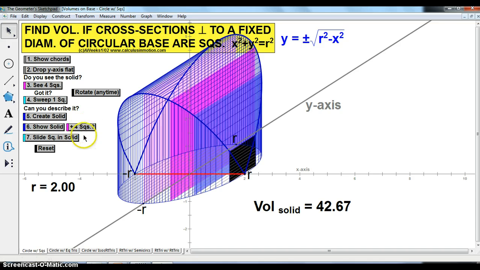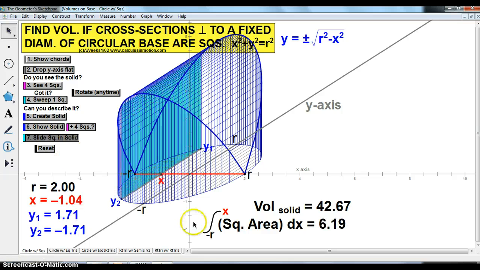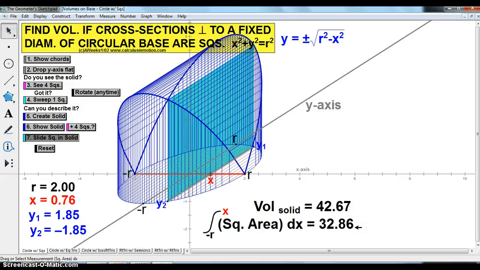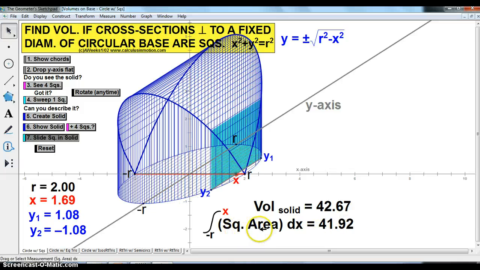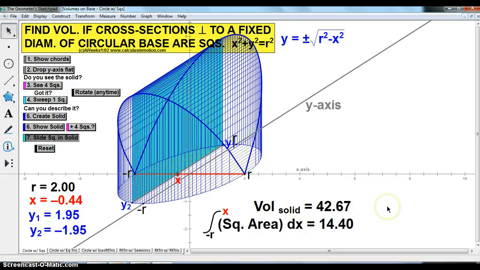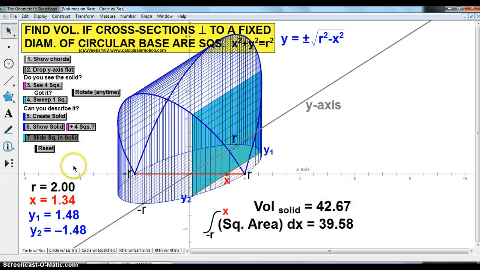We can actually see the square. And we can see over here the actual total volume would be 42 2/3. If we slide that square, we can actually watch as it integrates. It's adding the area of each one of those squares, or the volume, when you multiply by dx. And the total is 42 2/3.